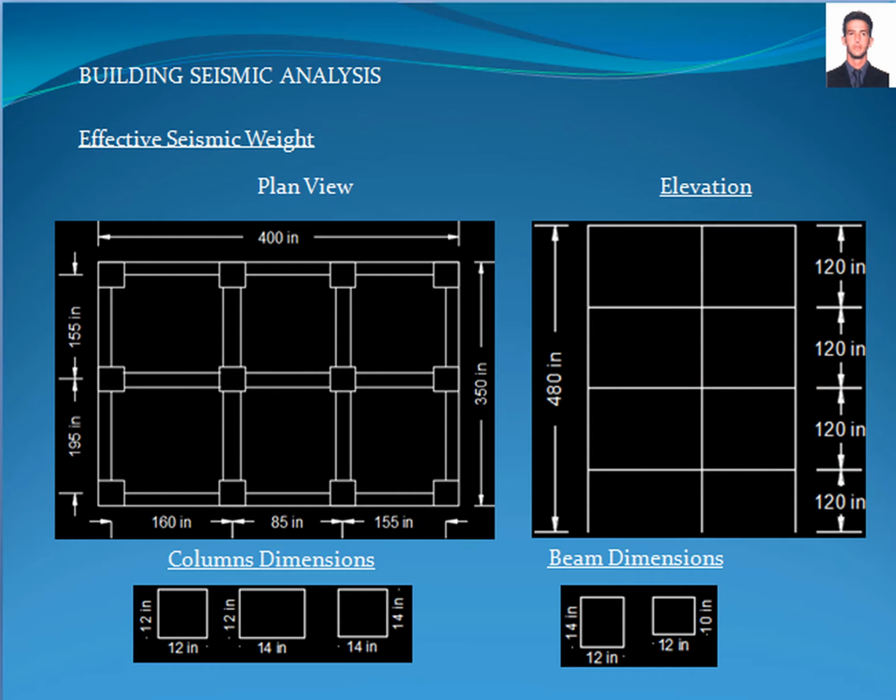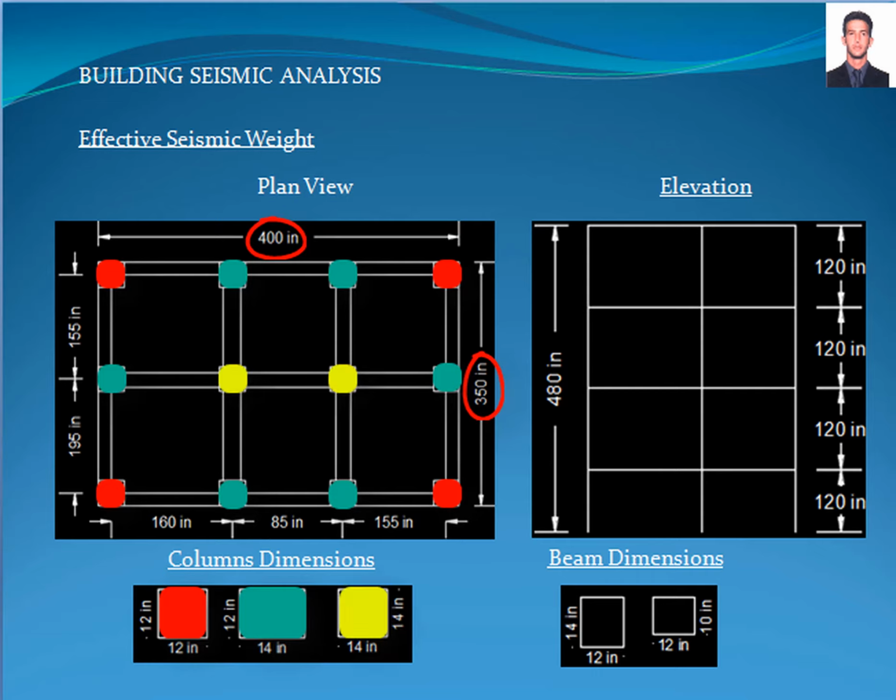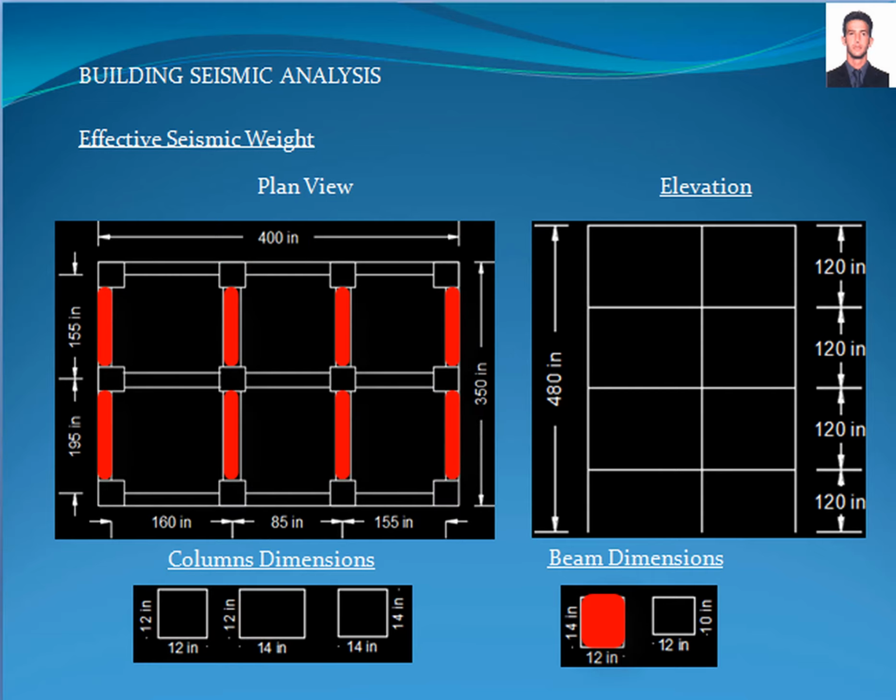The area of the building is 400 inches by 350 inches, 12 columns with dimensions 12 by 12 inches for corner columns, 12 by 40 inches for border columns, and 14 by 14 inches for central columns. The load-bearing beams have dimensions 12 by 14 inches and the anti-seismic beams 12 by 10 inches.